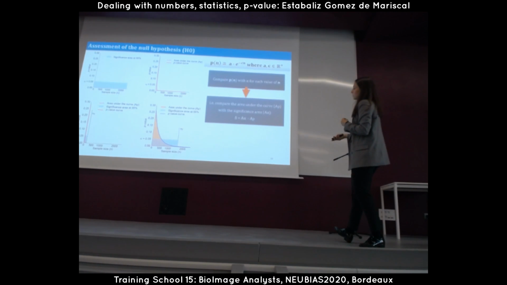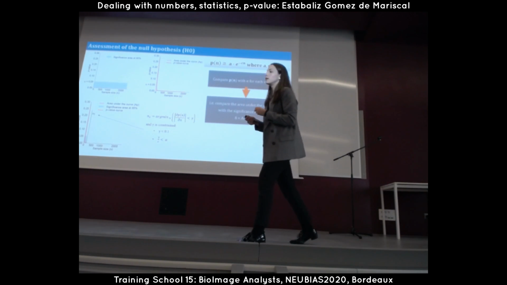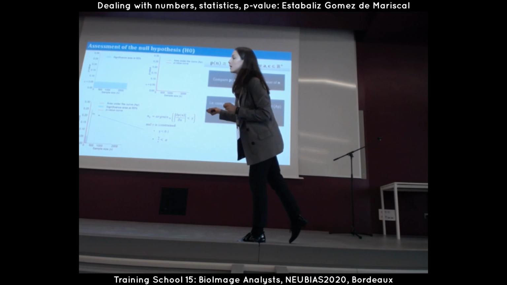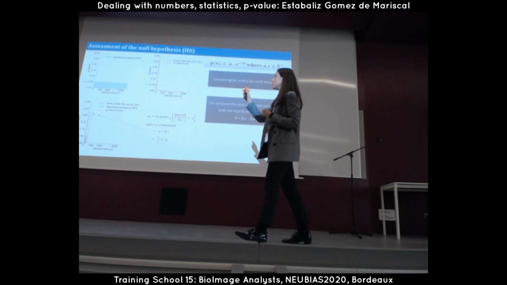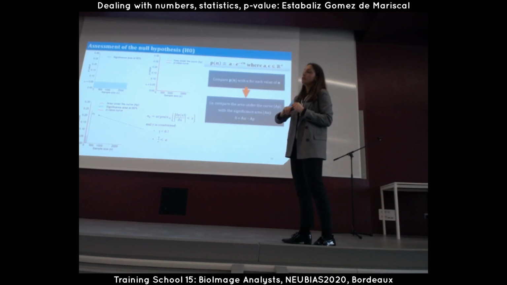Okay. So just one thing: to get the p-value curve, you need to make a hypothesis on the normal distribution. Actually, if you're not using normal distributions, you can use the Mann-Whitney test, or you can use a non-parametric test.